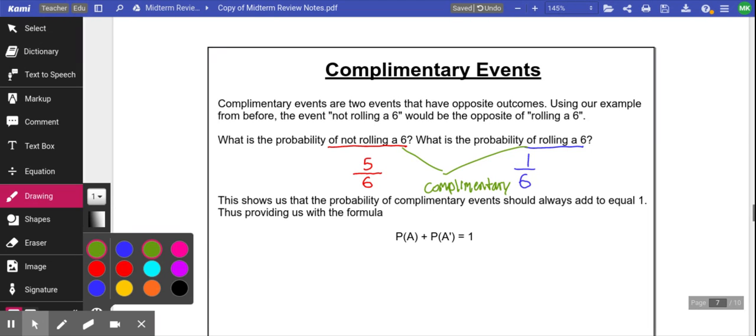Rolling a 6, the opposite is not rolling a 6. Because they're complements, if you add them together, they should equal 1. And if you try it, they do. 5 out of 6 plus 1 out of 6 does equal 1. We use complementary events a lot in Unit 2. It saves us doing lots of calculations. Wonderful.